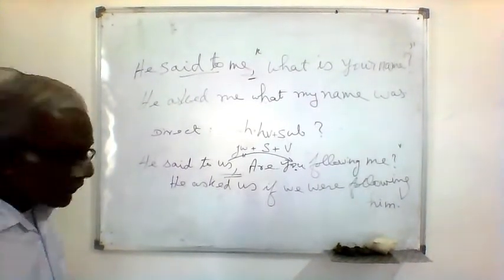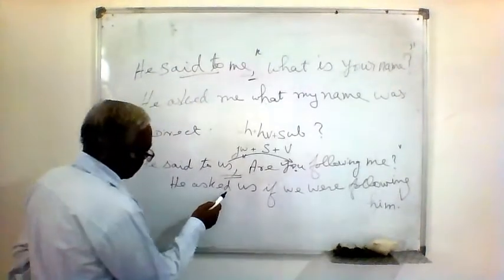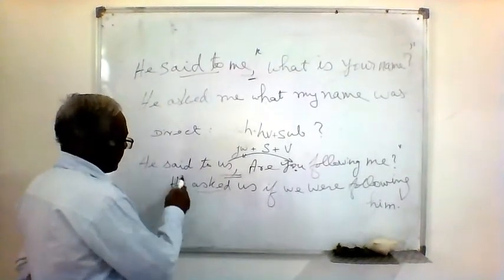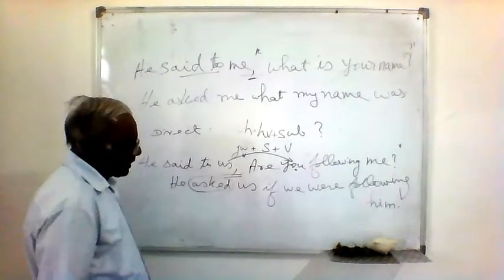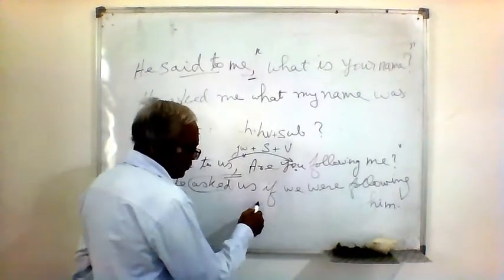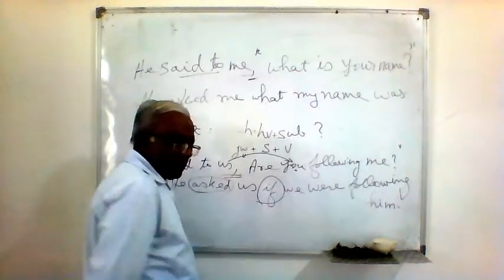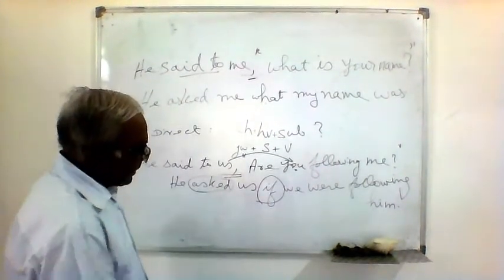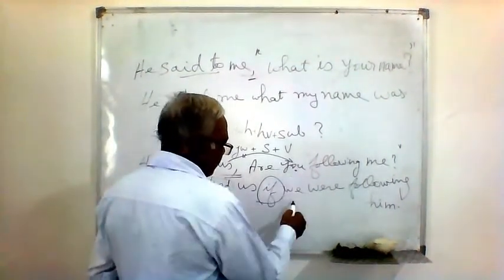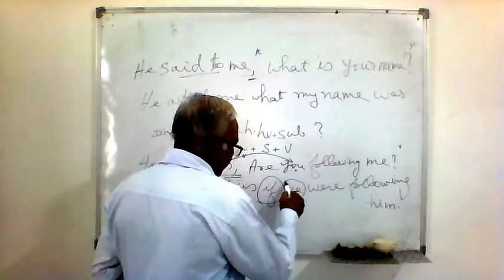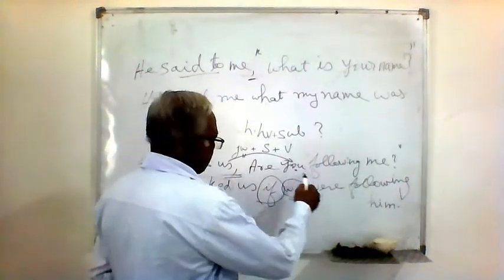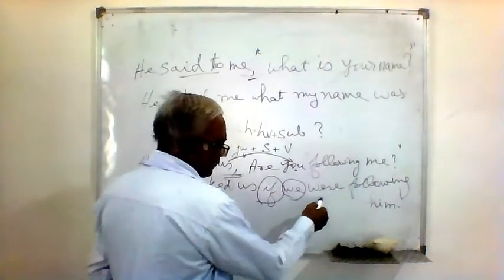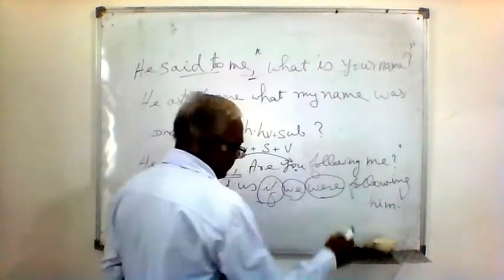There are a number of changes. Here is the word "asked," because in the question it is "said to," it has become "asked," the first change. The second is, we use a joining word "if," and we use the subject here, "you" becomes "we," it refers to the "us" over here. And the "are," which is in present tense, has become past tense.